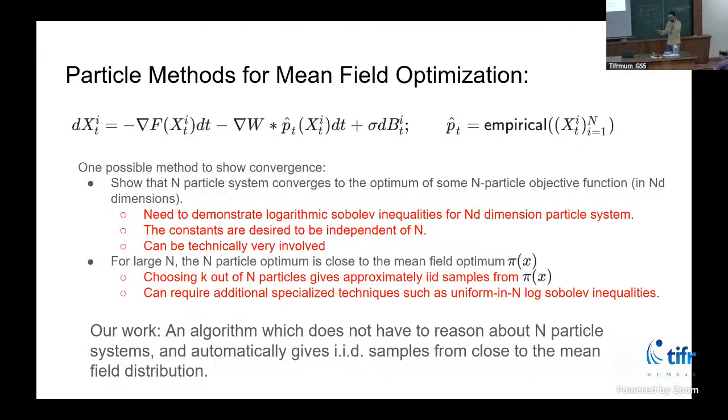If this new system converges to its optimal, once it converges, you get some samples and show that as n is large, those samples approximate this pi of x. So first you need to show that this converges, and once it converges, you need to show that it is close to whatever it converges to. This is like empirical risk minimization and then showing that its optimum is close to the population risk minimization.